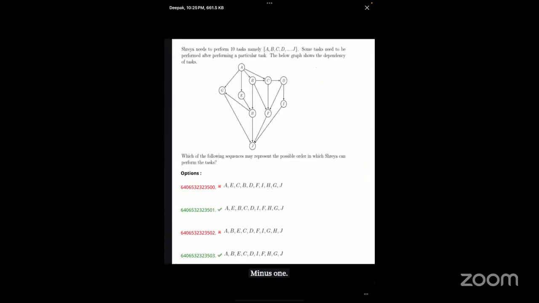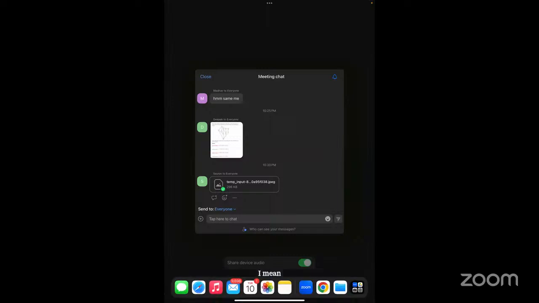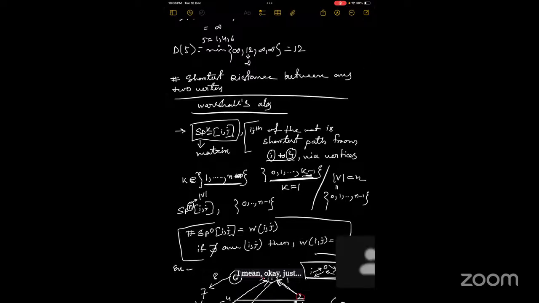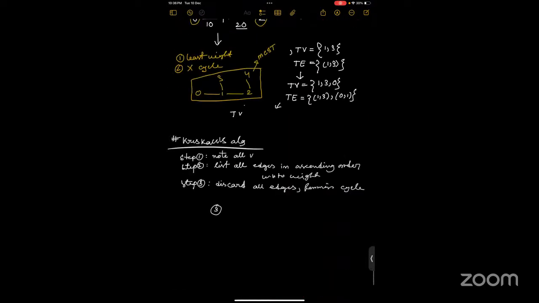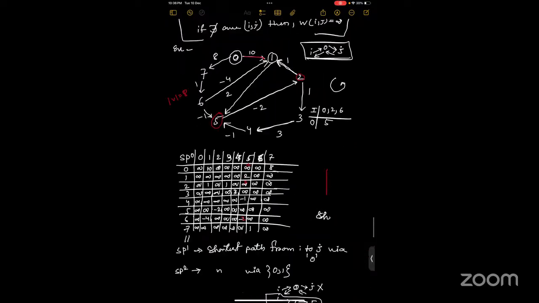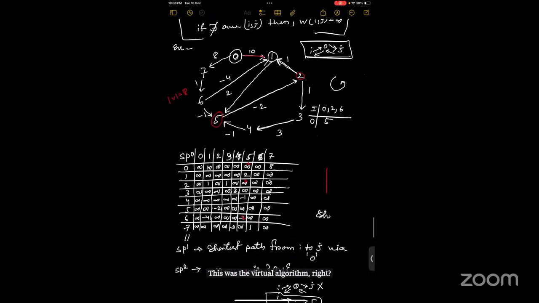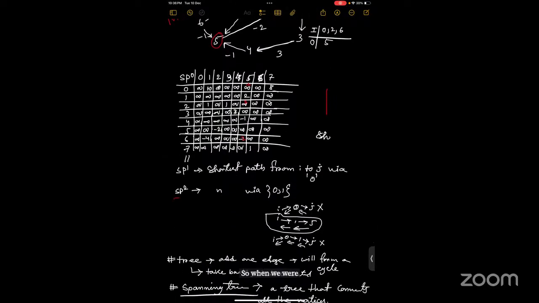Okay, so we have to consider all the vertices and all the possible paths. This was the Warshall algorithm, right? So when we were calculating SP2, that means our K was equal to 2, right? So the possible vertices were 0 and 1.